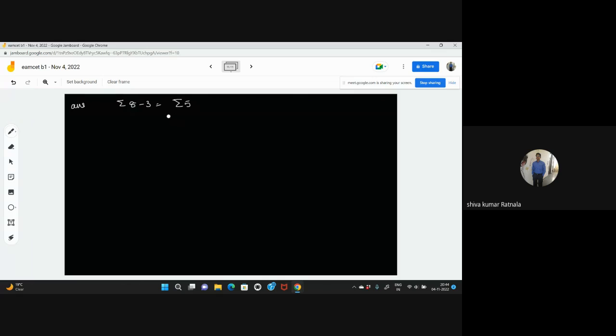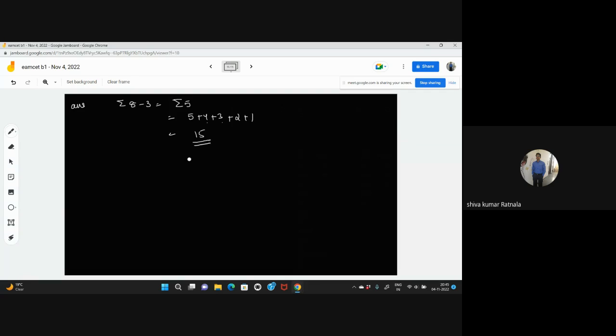Summation of 5 means 5 plus 4 plus 3 plus 2 plus 1, that is 9, 12, 14, 15. That means if an electron jumps from the 8th level to the third level, 15 types of spectral lines are possible.